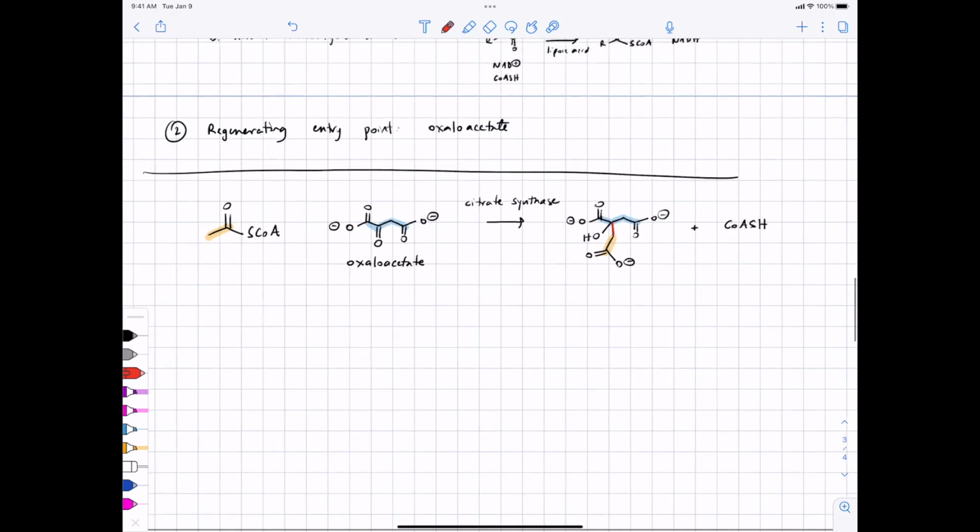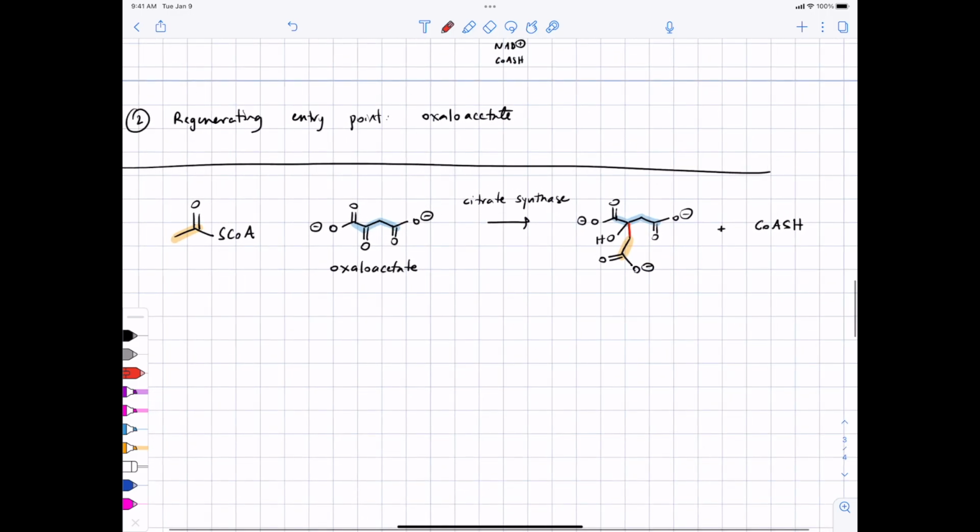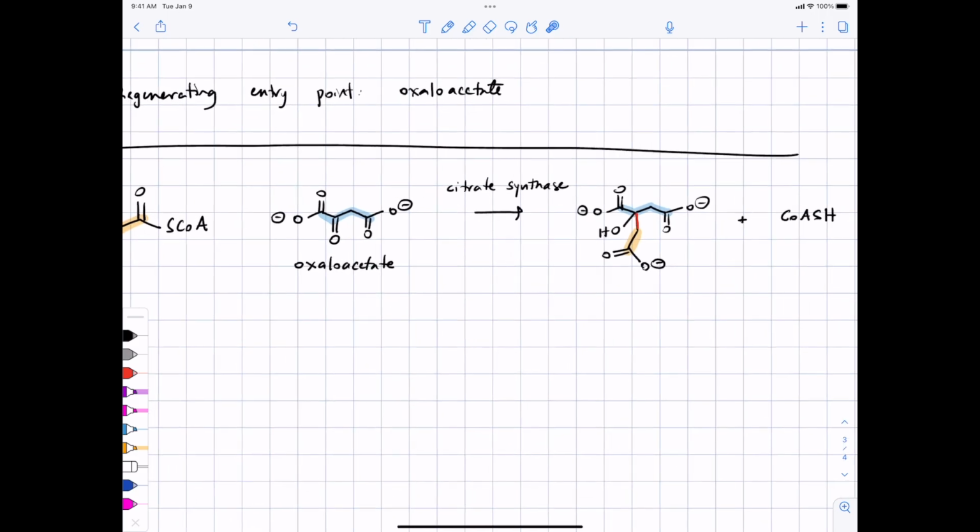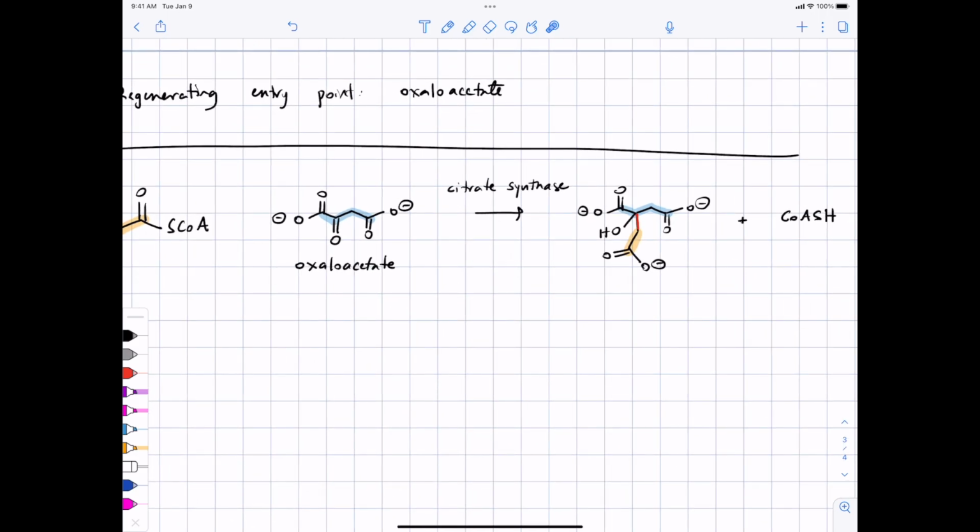What kind of reaction do you think that was? Saying something about an enolate, okay. Where did the oxygen from the ketone end up? That OH group, okay. So that looks like something attacked the carbonyl carbon.